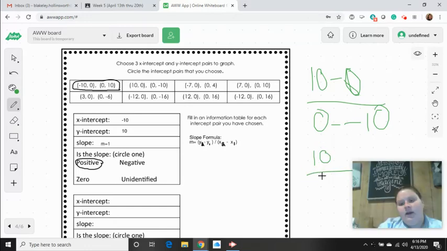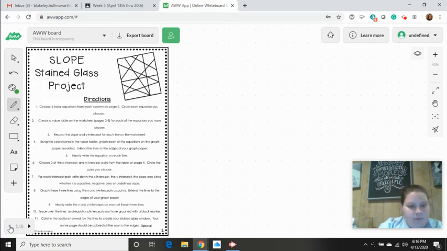Subtracting a negative is like adding a positive, so that's 10. 10 over 10 gives me a slope of 1. That slope is positive, so I circle positive. You pick 2 more of these and complete this graph. Okay, that's all for that step.